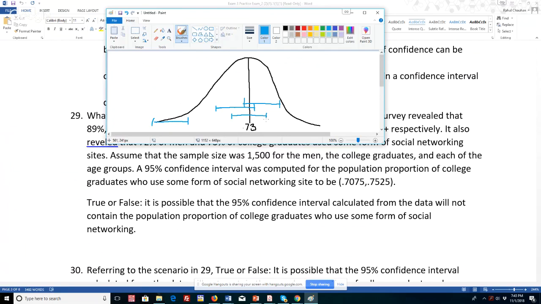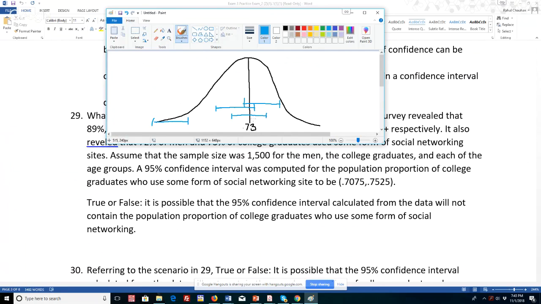But with the 95% confidence interval, that's saying if I were to take all possible samples and create a confidence interval for each sample, then 95% of these intervals would contain the true population parameter. We have just one interval here. So 0.70 to 0.7525, that's our one interval. And we have a 95% chance that we have one of the intervals that contains the true population parameter.